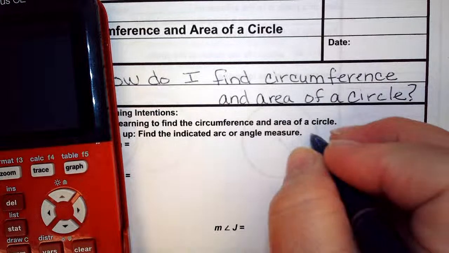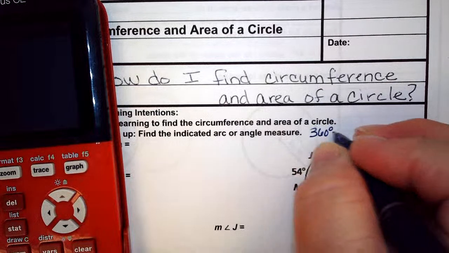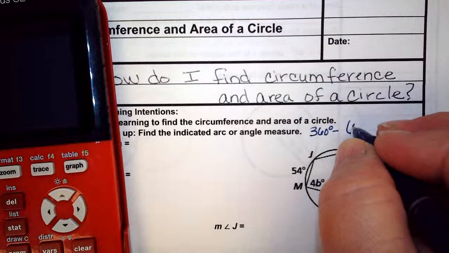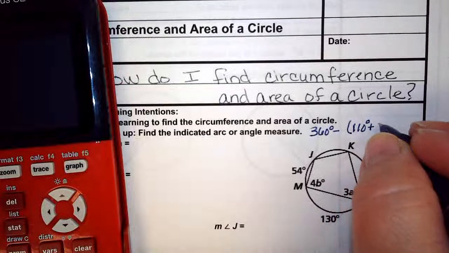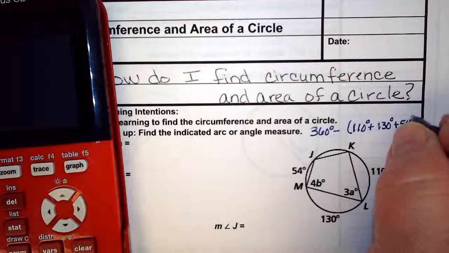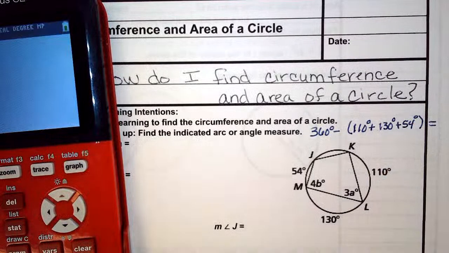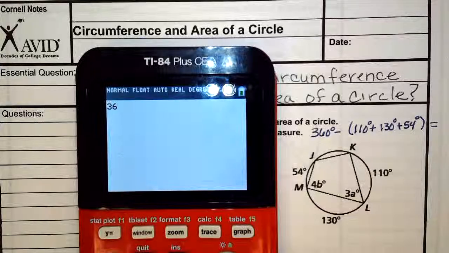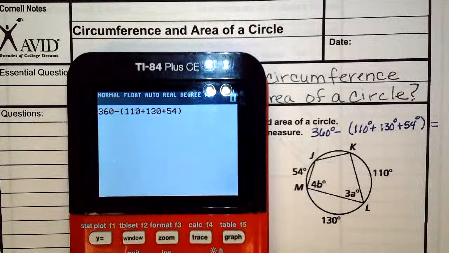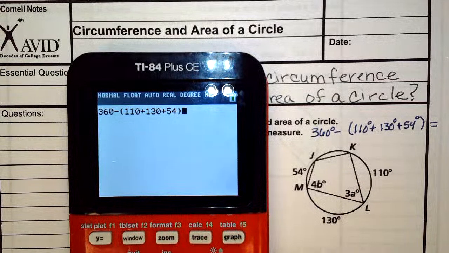So I'm going to take 360 degrees and subtract 110 plus 130 plus 54.